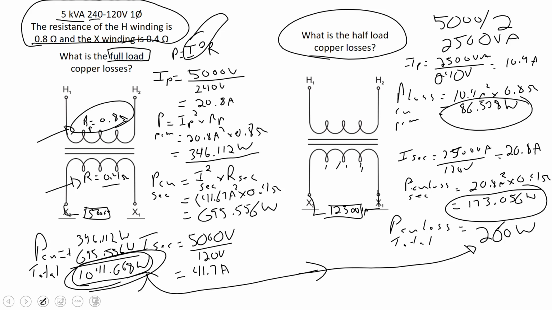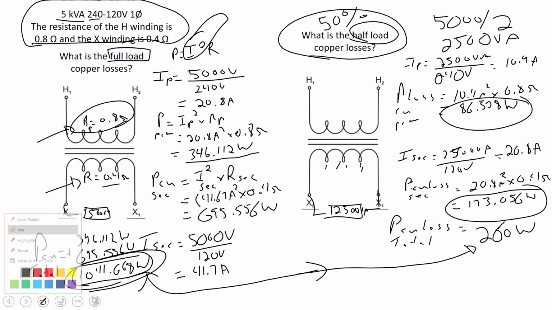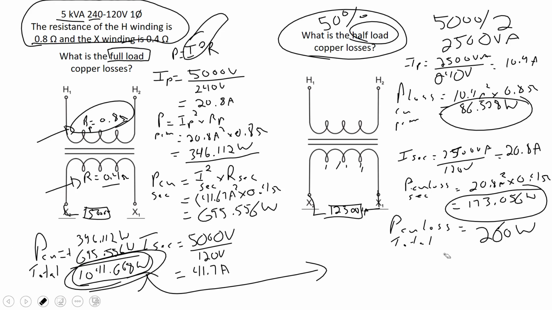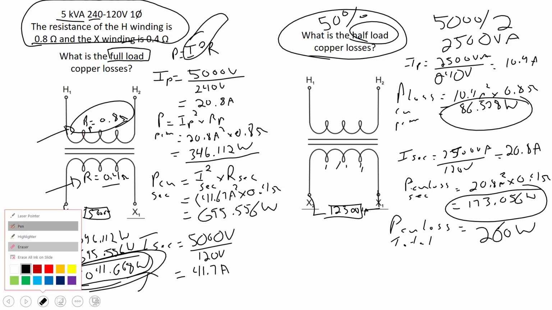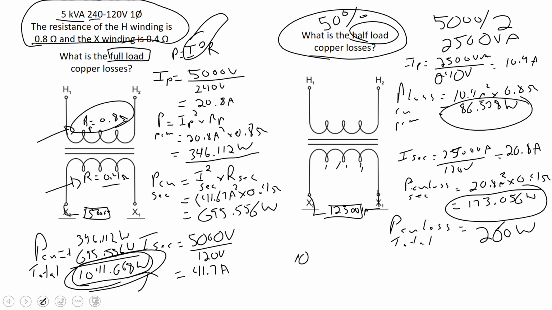So another way to do this is that if we said we're at half load here, or 50% load, half load means 50%, and this works with whatever percentage. We could use 75% load, 80%, 60%. This works with every load. So if I know the full load copper losses is 1041.668, I can multiply that by whatever load I'm at, so 50%, which is 0.5, and square it.